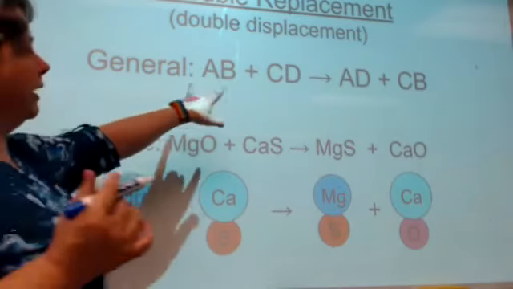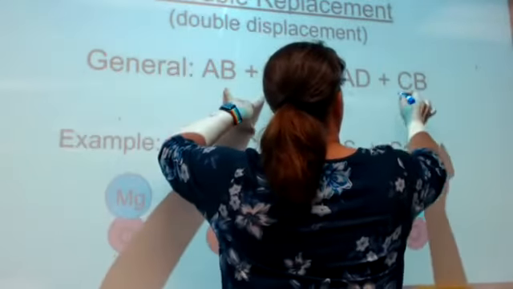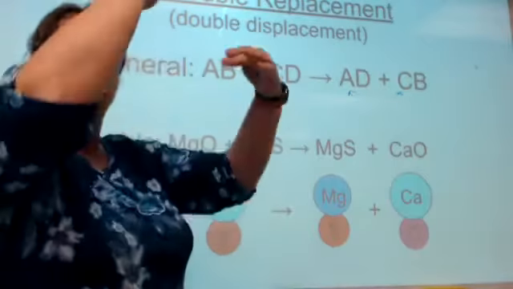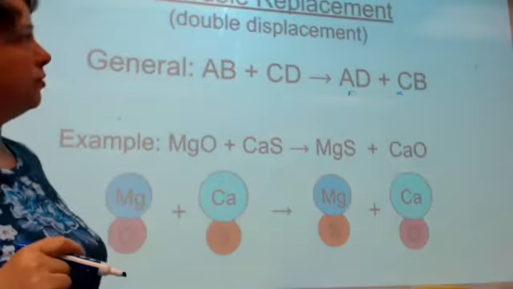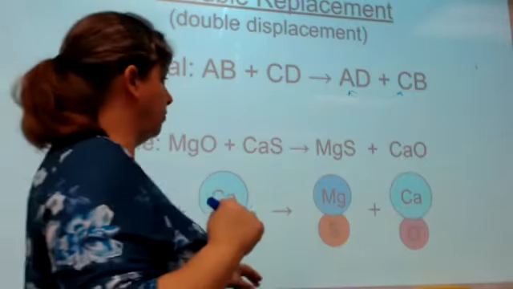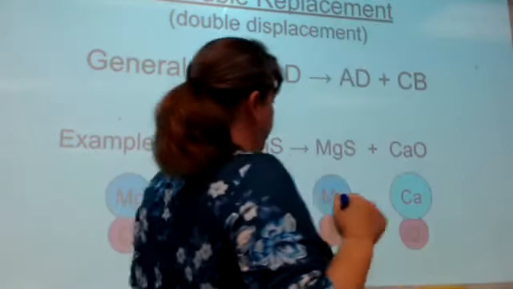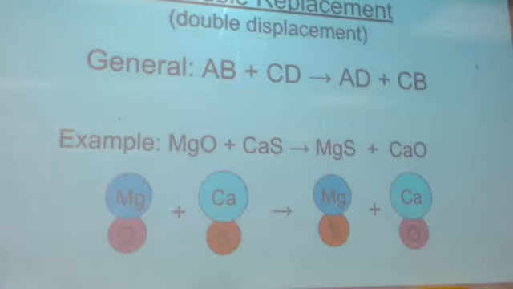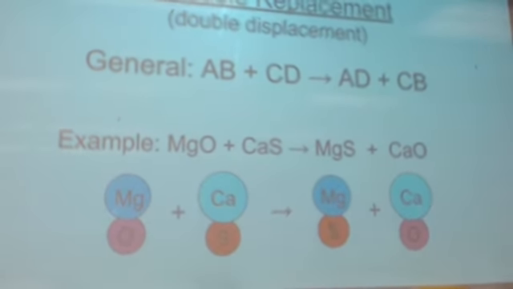And again, we'll learn later that what's really happening in this reaction is we have two elements switching places, which is why it's called double replacement. So the rule for double replacement reactions is that a double replacement reaction will always have two compounds as the reactants and two compounds as the products.